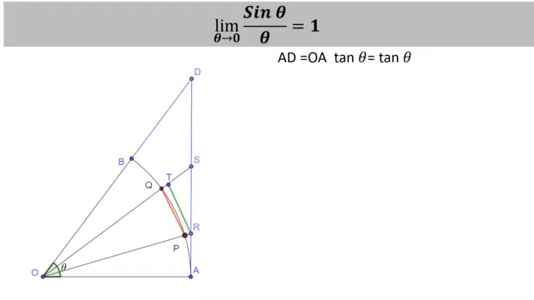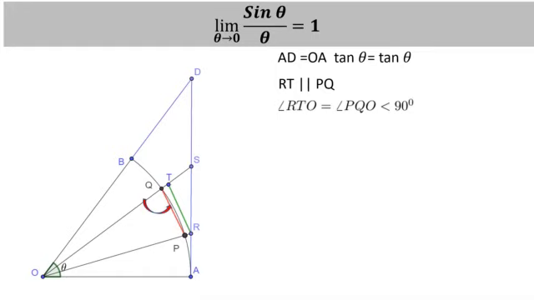Now we will draw a parallel to PQ from point R which intersects OS at T, as shown in the figure. So here RT is parallel to PQ. Hence angle RTO is equal to angle PQO.